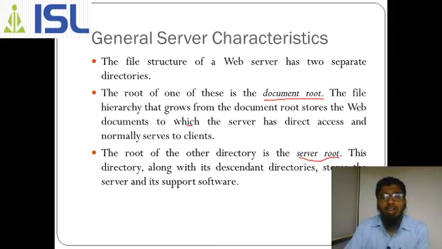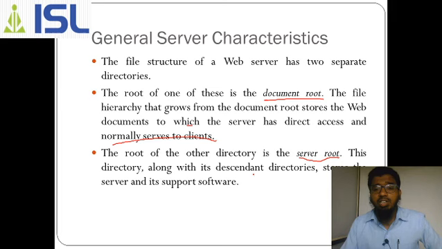The files in the document root, the file hierarchy that grows from the document root, are the web documents to which the server has direct access and normally serves to the client. The other directory, the server root, along with its descendant directories, stores the server and its supporting software. So these are the two things.